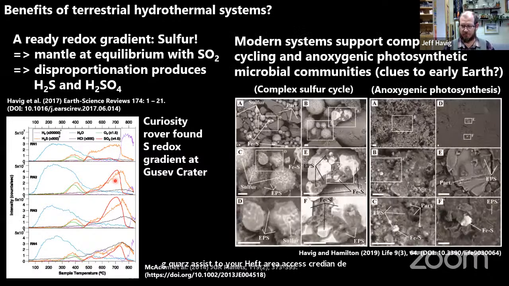And from some work we did on hot springs that we think represent potential early Earth analogs, we found that even modern systems can support a complex sulfur cycle, even in low biomass systems, and even anoxygenic photosynthesis. So for those that aren't familiar, oxygenic photosynthesis is what you see with plants and with cyanobacteria, algae. That's the green things.